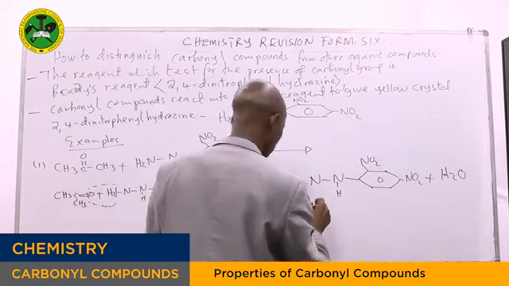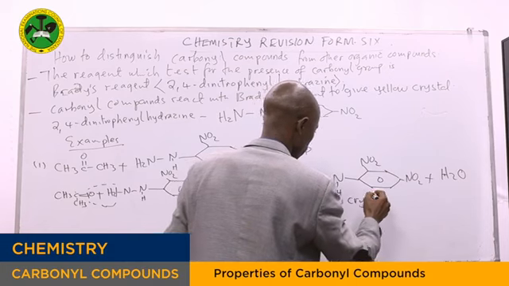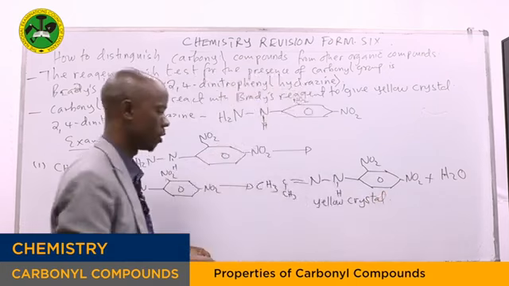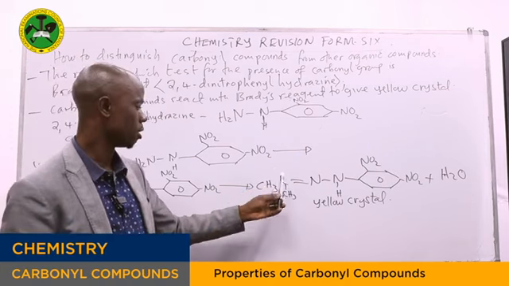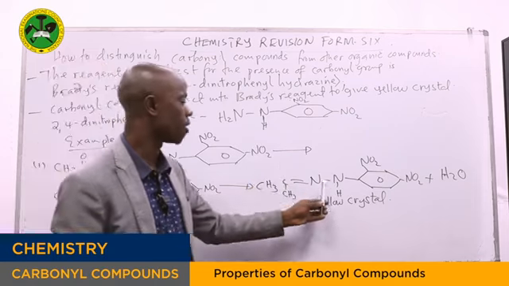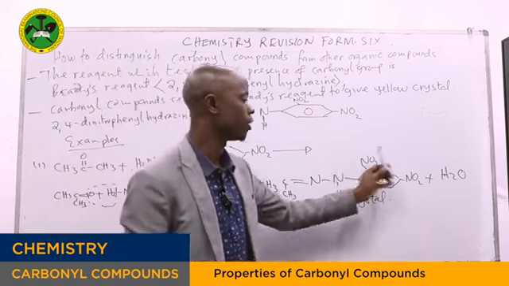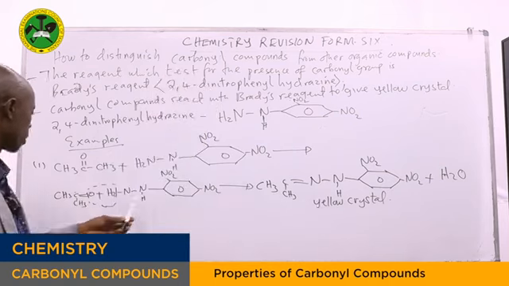This one is a yellow crystal. It will be observed. So this one is propanone 2,4-dinitrophenylhydrazone, which is a yellow crystal, and it will be observed when this reacts with the ketone.